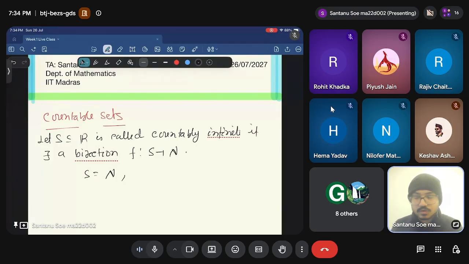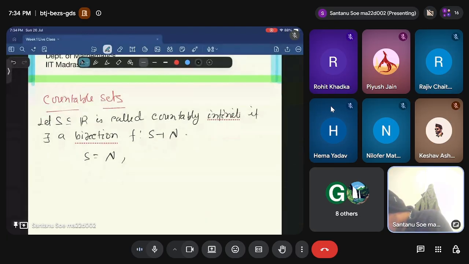So what you're going to do is go to the next definition of countable set. There are also some other definitions of countable set. So let me give another definition. So this is definition 1. Okay, so another is definition 2.